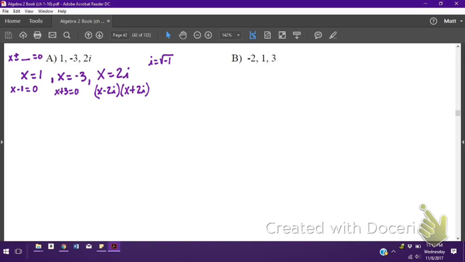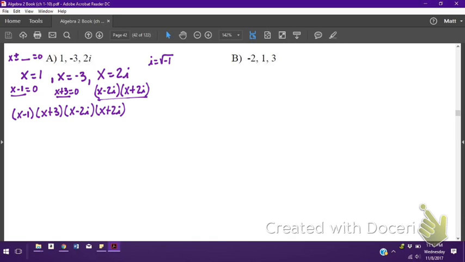Okay. So now with all of these, what I'm going to do is take all of these binomials and multiply them together. So I've got x minus 1, x plus 3, x minus 2i, x plus 2i. Okay.